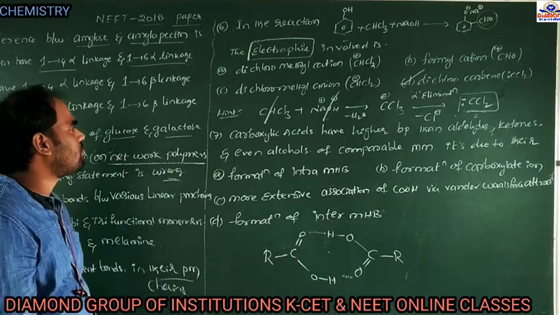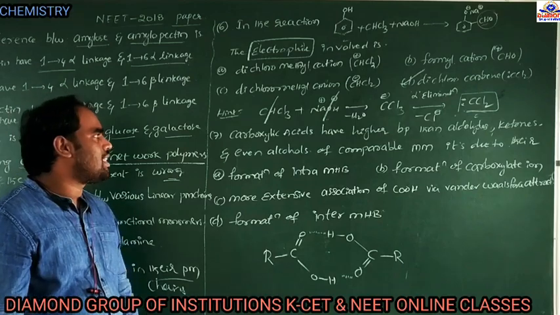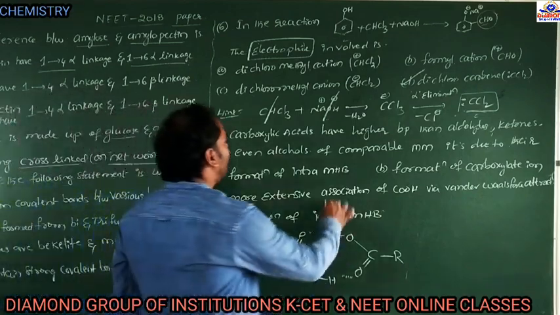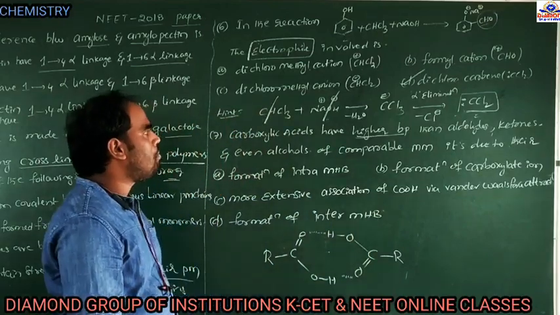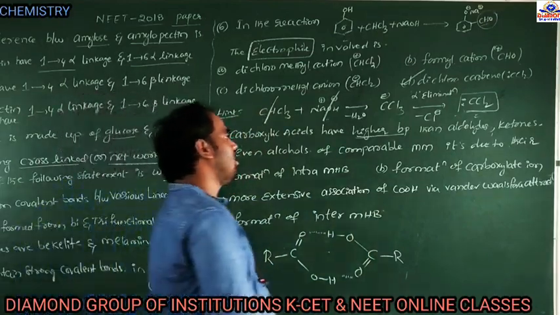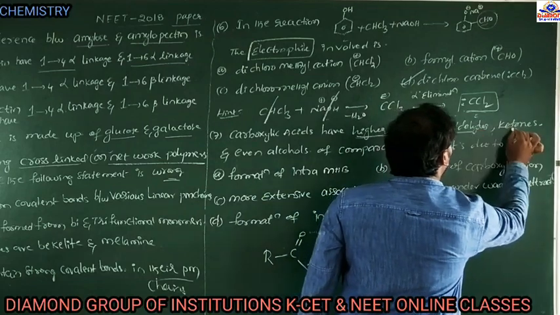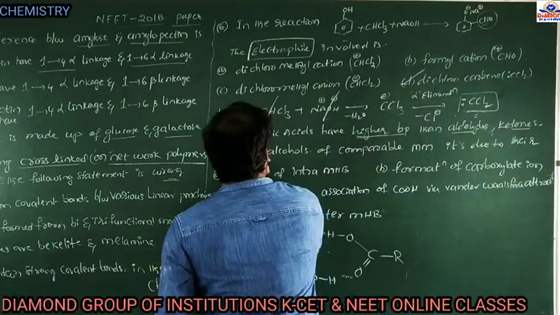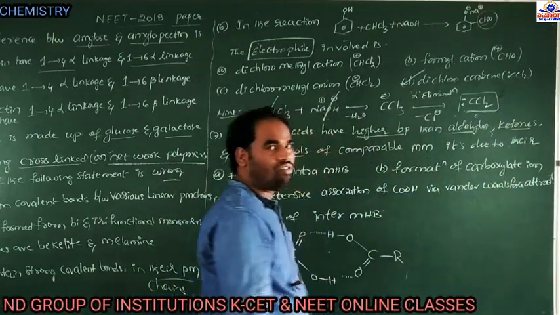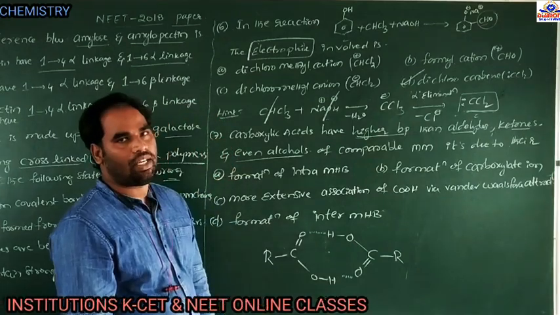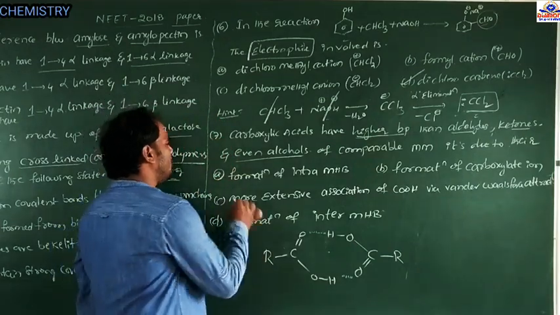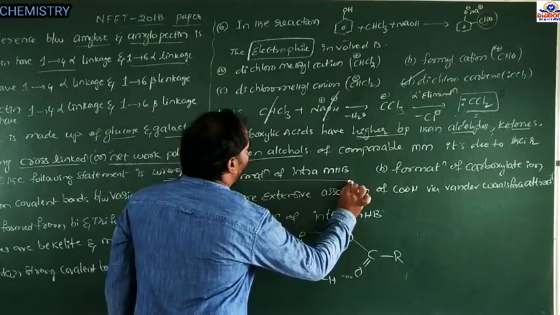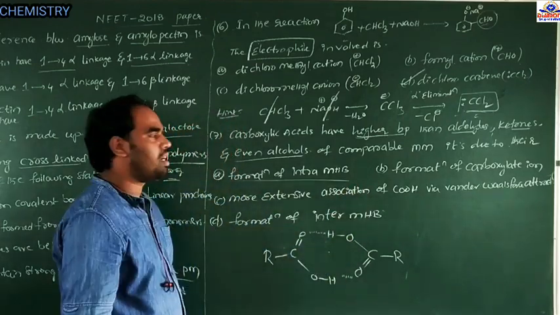Question number 7. Carboxylic acids have higher boiling points than aldehydes, ketones, and even alcohols of comparable molecular mass. It is due to their: option A, formation of intramolecular hydrogen bond.